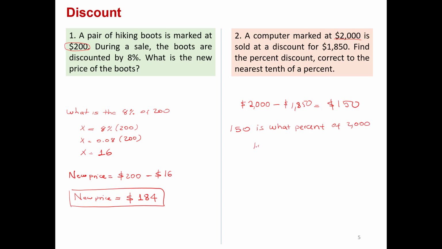And let's write the equation: 150 is what percent of 2000. If you want, you can rewrite this one like that. Divide by 2000 on that side to solve for x. Then x equals 150 divided by 2000, and we will get 0.075.